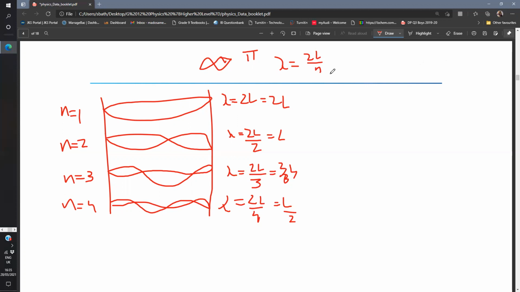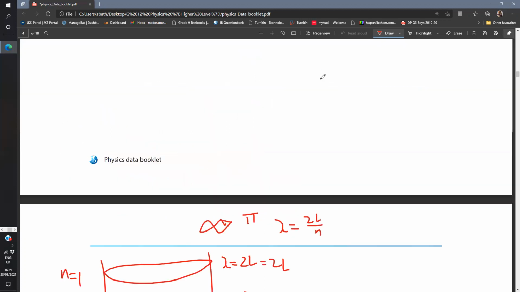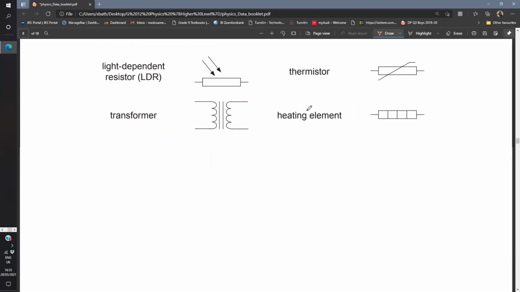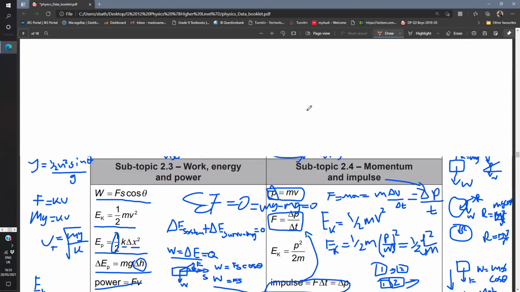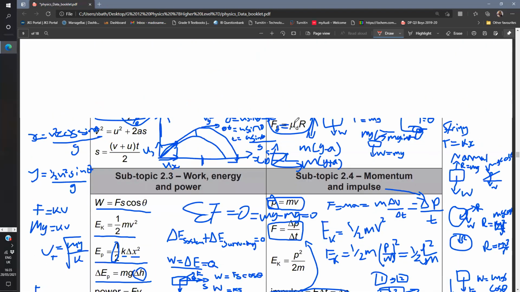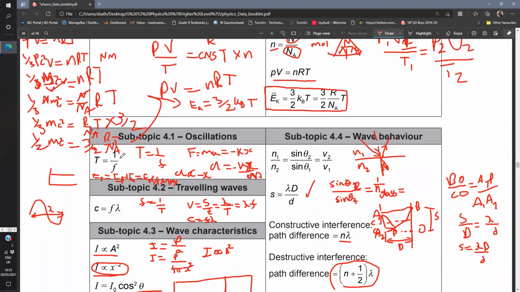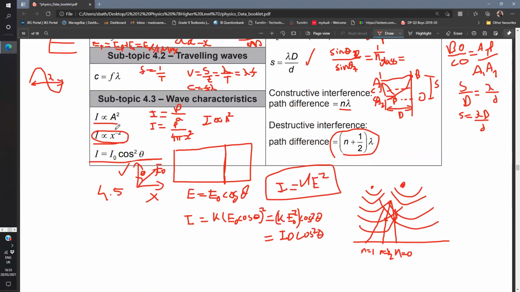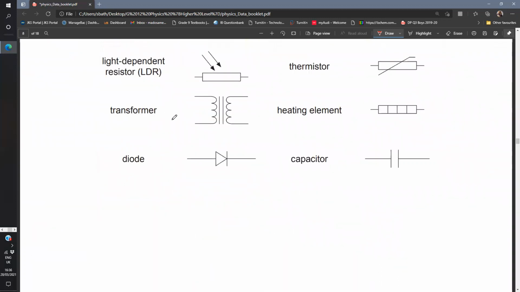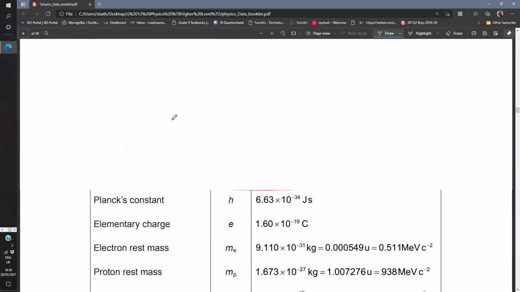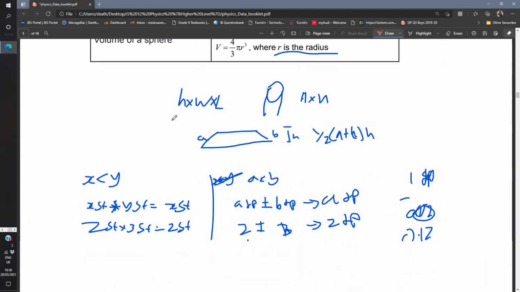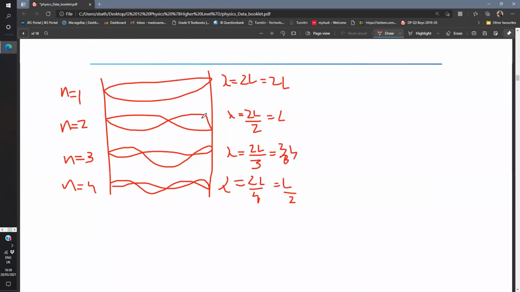Now, how about the formula of f? We know that using the formula booklet, subtopic 4, we were able to establish the relationship between f and v. Here, c, so this is just v, is equal to f lambda. And we just substitute the value for lambda.